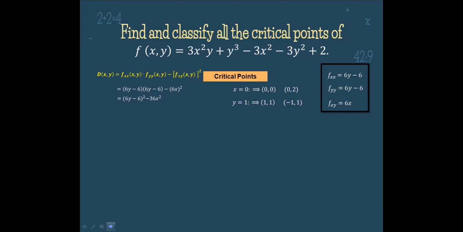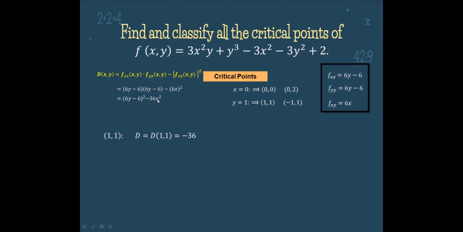And we still have the other two critical points, and these are (1, 1) and (-1, 1). So again, we have to follow the formula for D, and we will replace x by 1 and y by 1. So 6 minus 6 is 0, so automatically this term is 0.